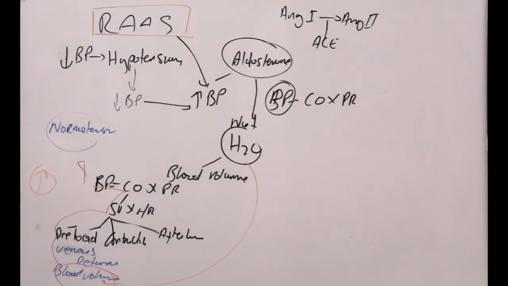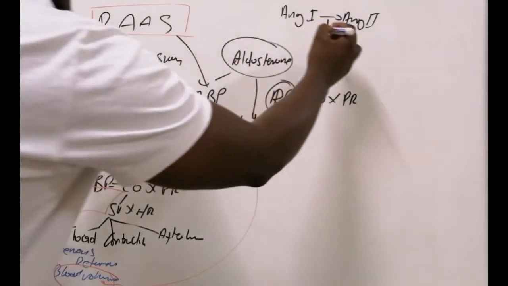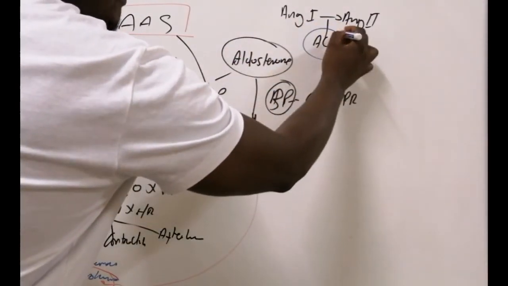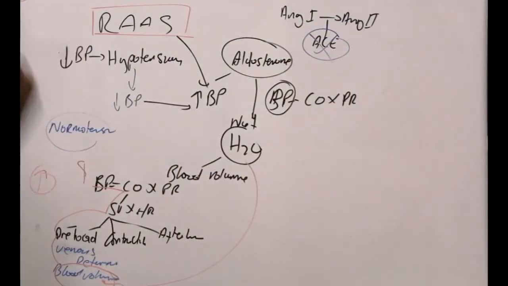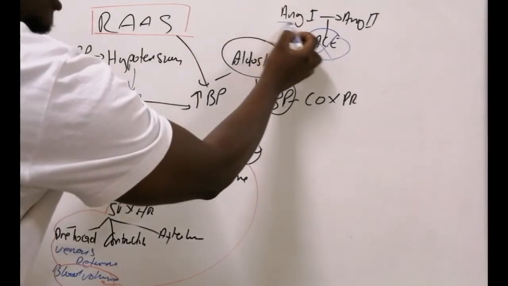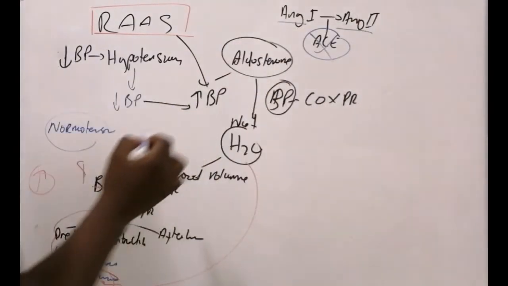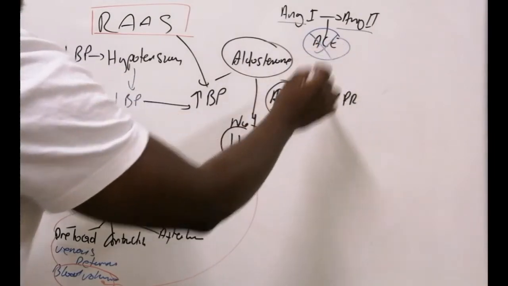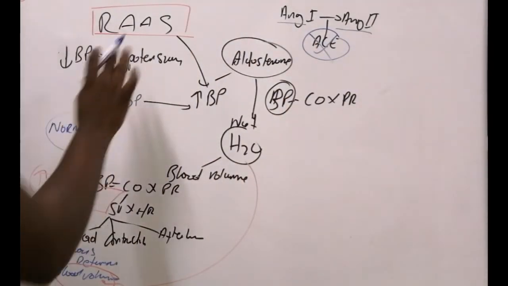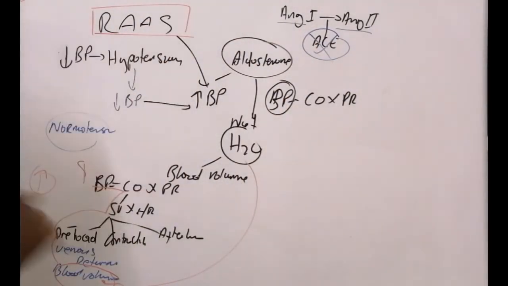The hypertension. This is why one of the classes of drugs for treating hypertension is ACE inhibitors. ACE inhibitors block this enzyme from converting angiotensin 1 into angiotensin 2. Once you block this step, you have switched off the RAAS system.